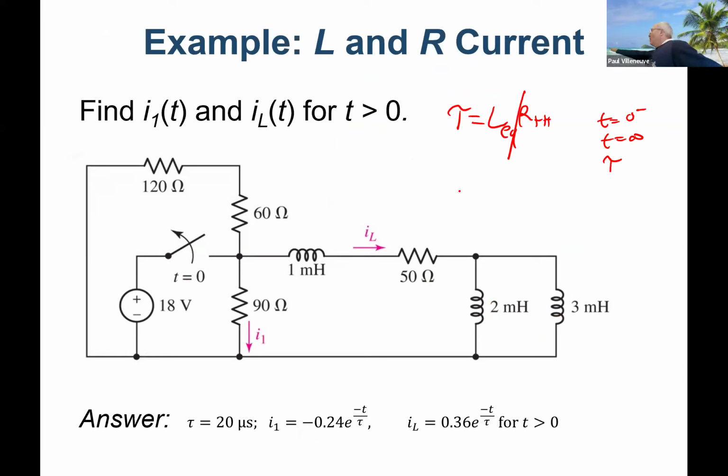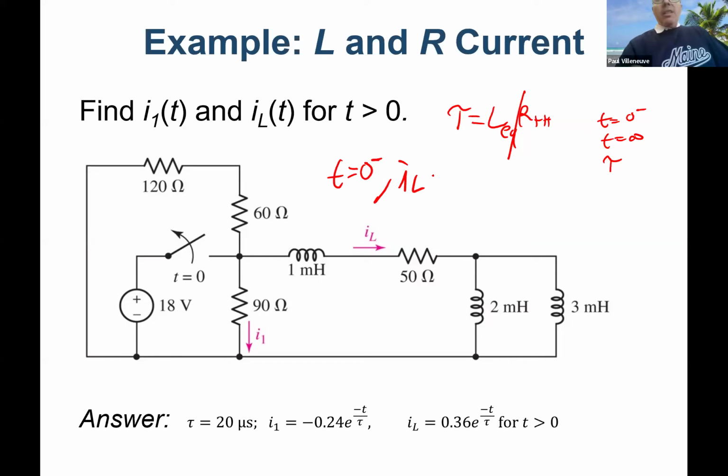So what I need to do is look for initial conditions that aren't going to change instantaneously. So I'm going to look at T equals 0 minus for the things that can't change instantaneously. In the case of the inductor, it's going to be IL, right?